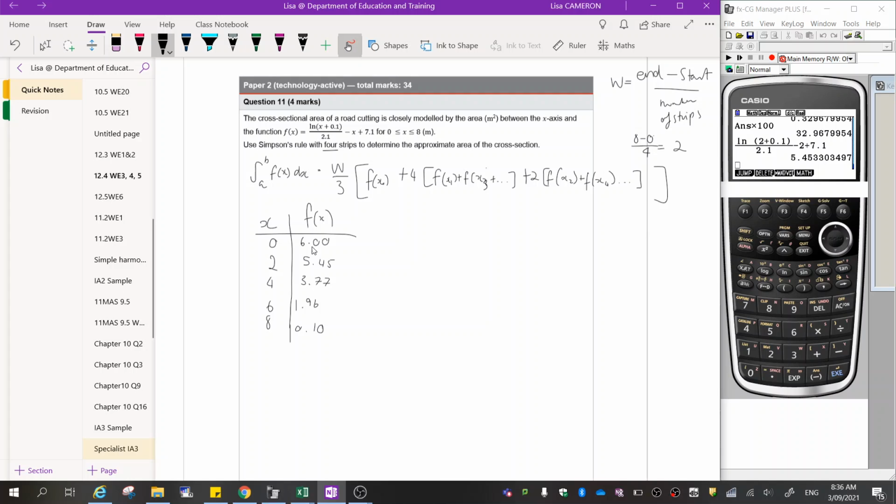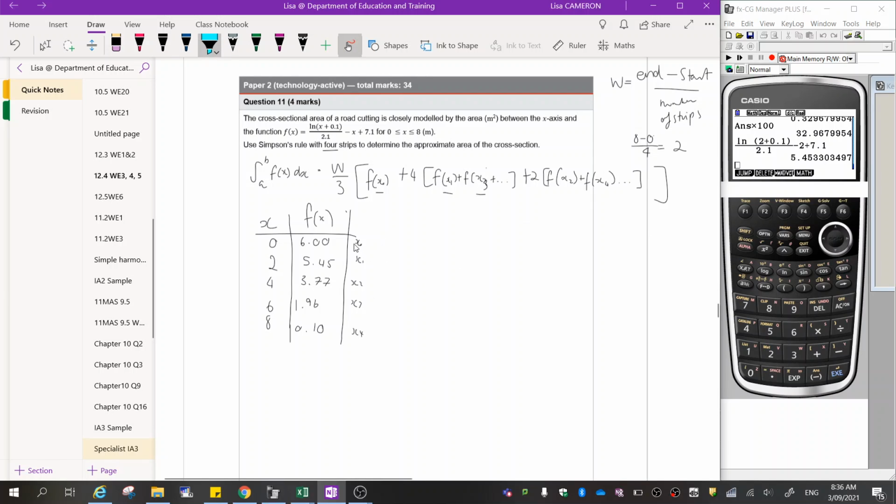Okay, so now I've got the values for all of my strips. The next thing I need to determine is which one of these goes where. So I'm just going to write next to it, this is our first one, this is our second: x0, x1, x2, x3, x4, because we've got 4 strips. Now I'm just going to plug these into here.